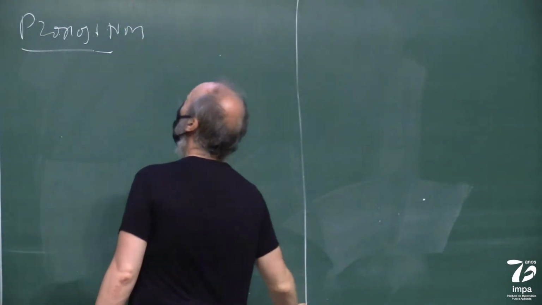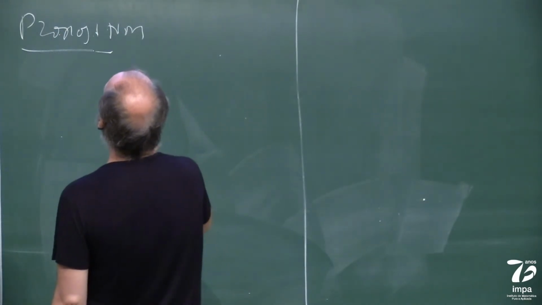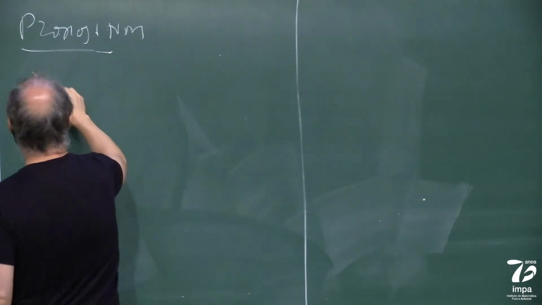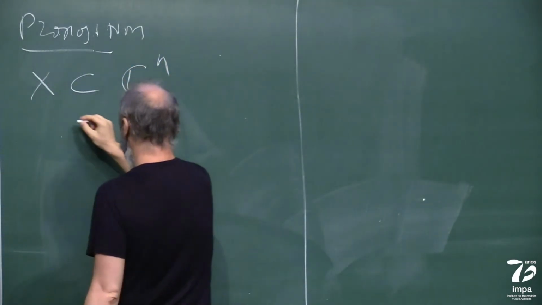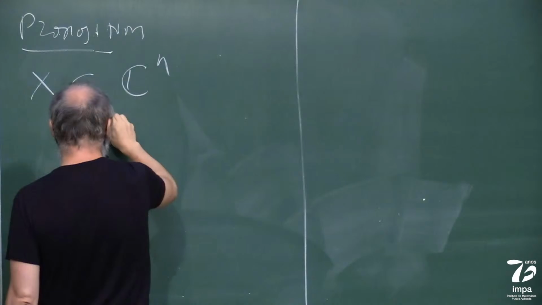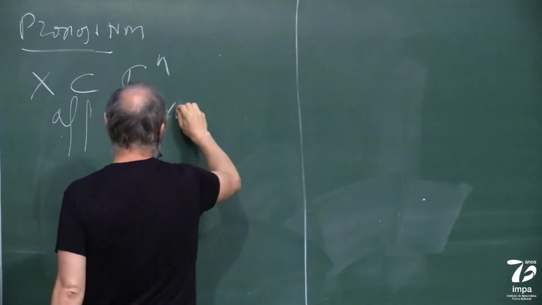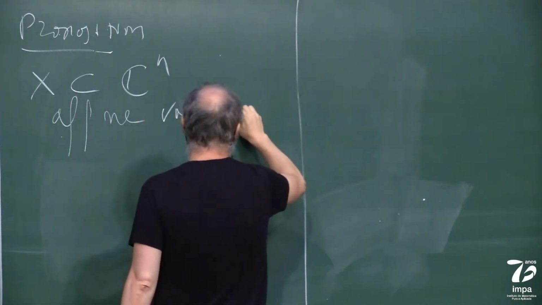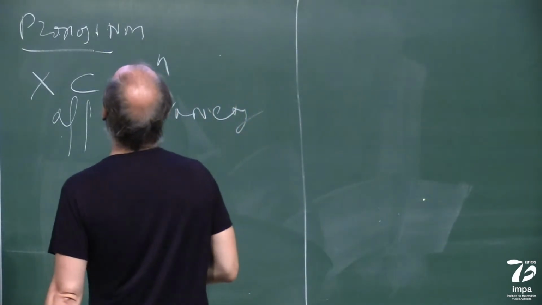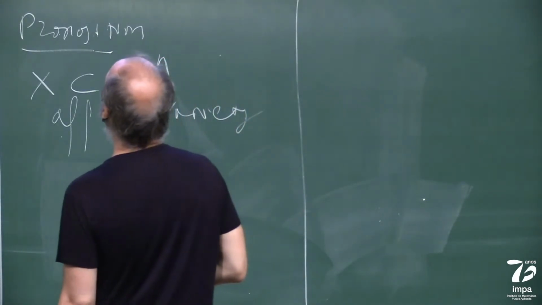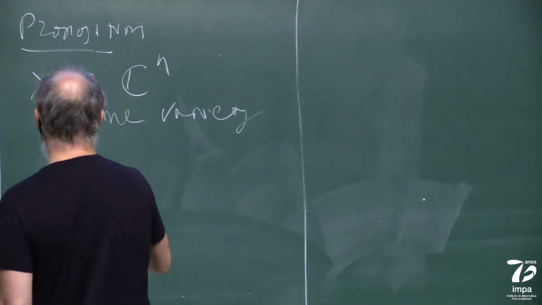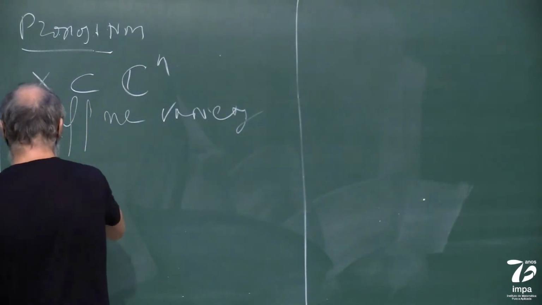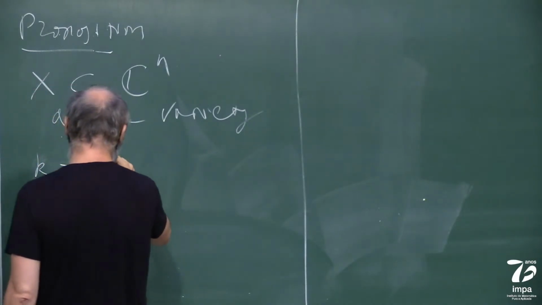Okay. So we have X inside C^n. It's again an affine variety, and k is the transcendence degree.